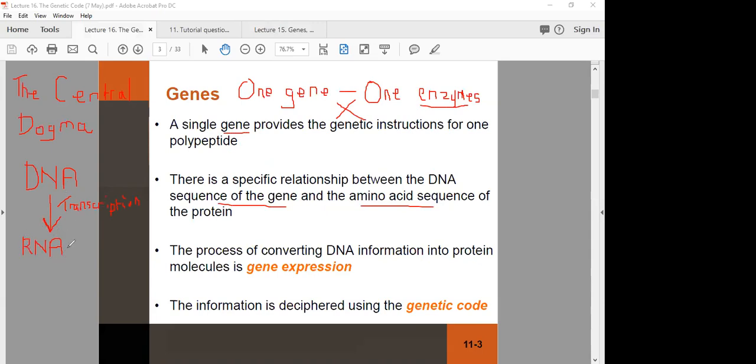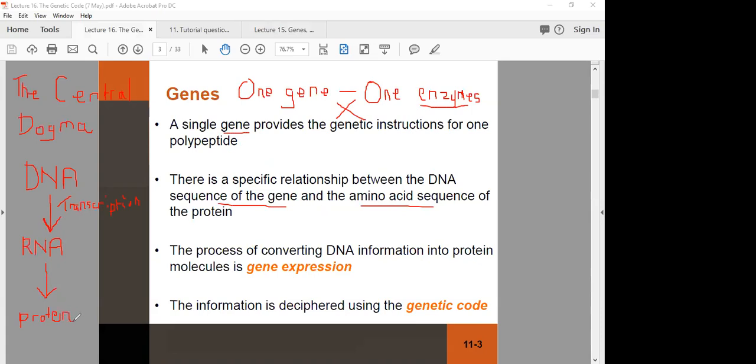is used to form a different type of code, slightly different code, in a molecule of RNA, and then that information drives the formation of a protein. I should say polypeptide, but I'll just write protein here.